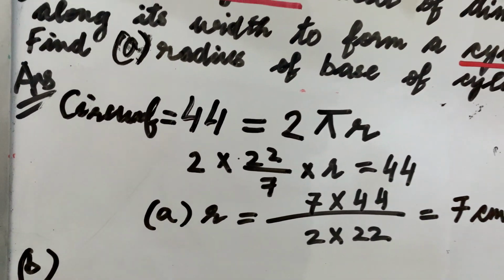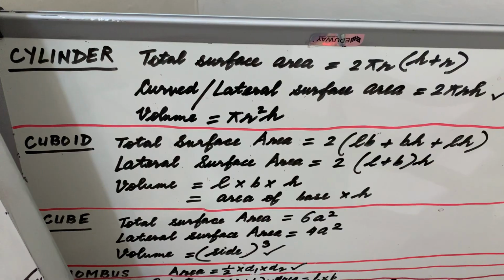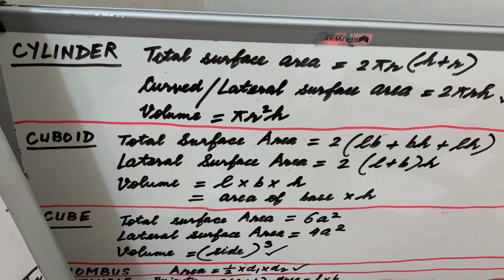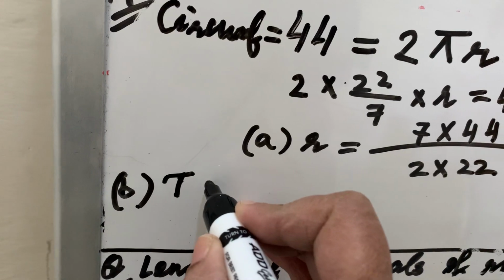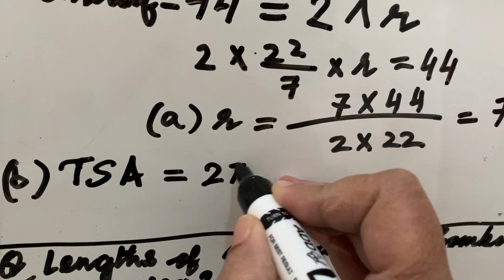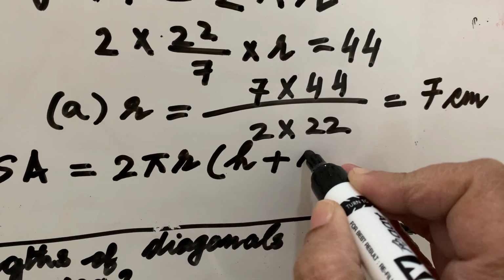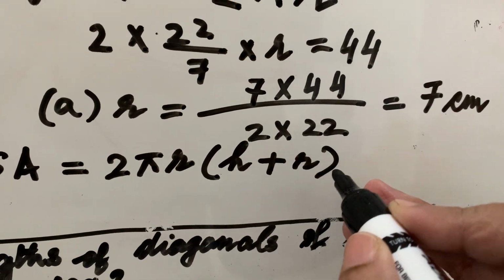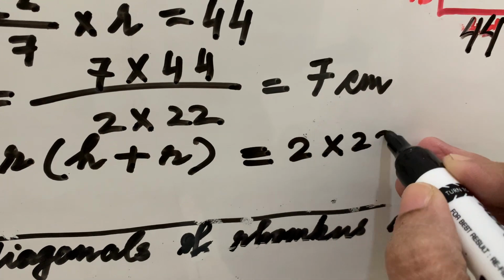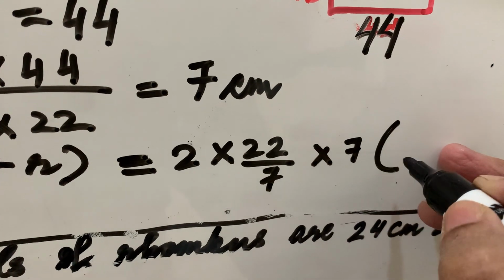Part B is what? You have to find out the total surface area of the cylinder. The total surface area of the cylinder is given by the formula 2 pi r into h plus r, which is equal to 2 into 22 by 7 into 7, whole thing into h.